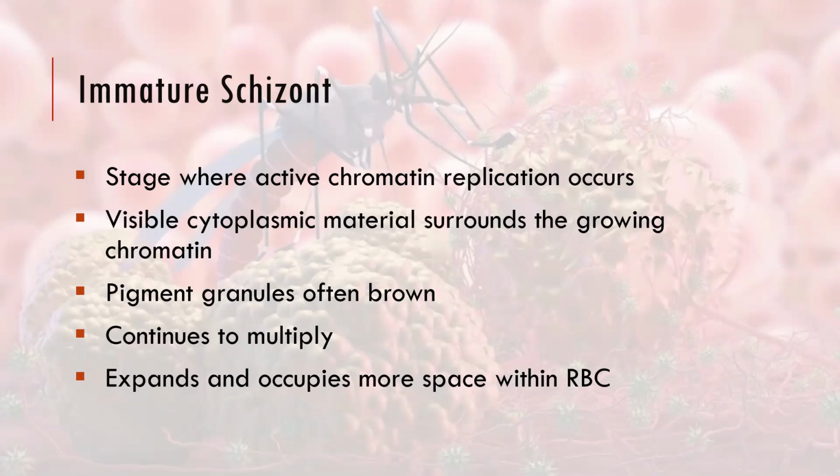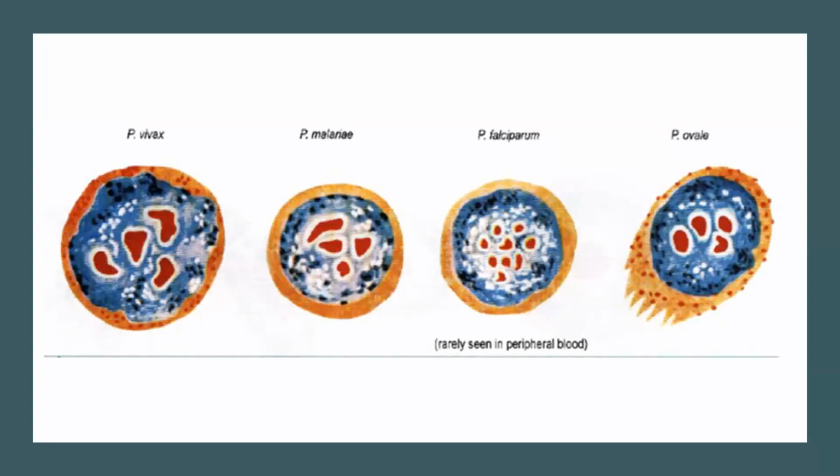The developing trophozoites invade almost the full red cell. Now, the immature schizont expands and occupies more space within the RBC. That is what our immature schizont looks like.